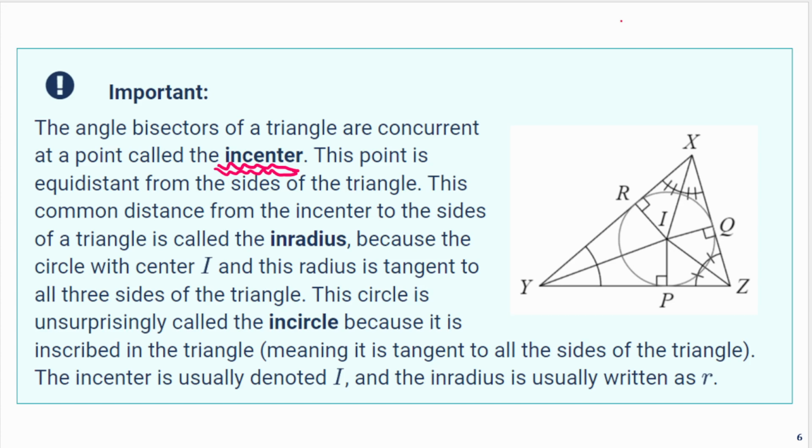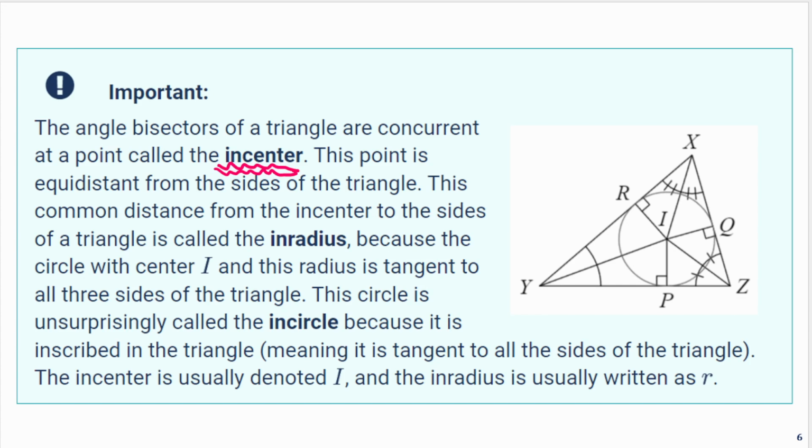For example, in the equilateral triangle, they are actually the same point, right? An equilateral triangle has the same incenter and circumcenter.